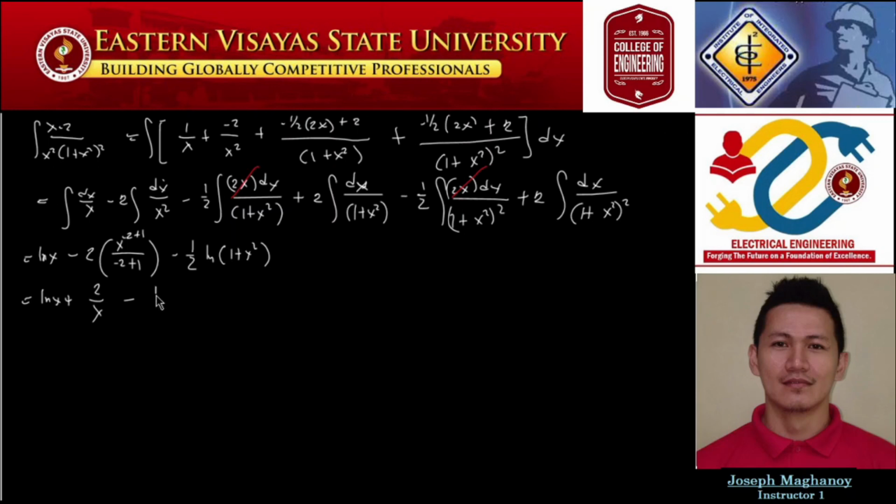So that is 1/2 ln of 1 plus x squared. Okay, so we're done with our third term. We still have three terms to go.